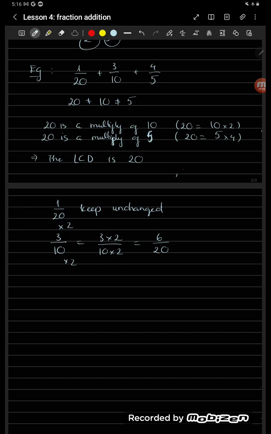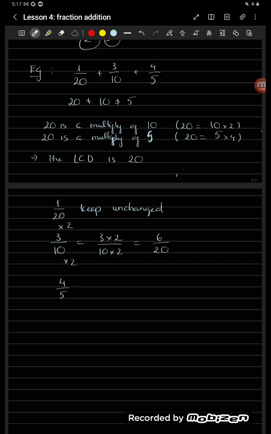Okay, so now we're done with 3 over 10. We already turned it into a new fraction that has the same denominator, 20. So now we keep continuing with 4 over 5. We need to turn it into a new fraction that has the same denominator, 20, as well.